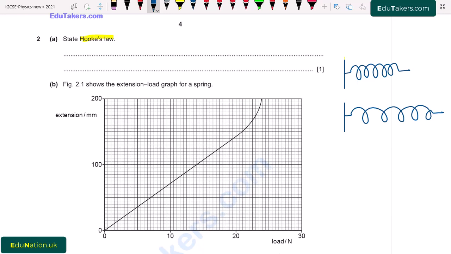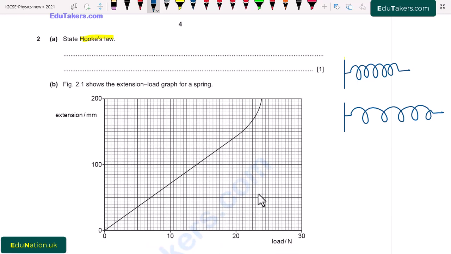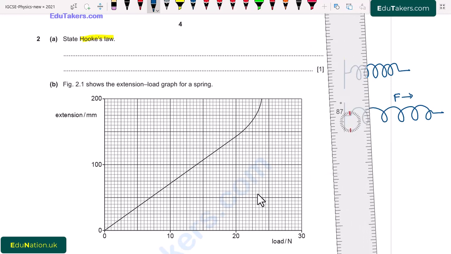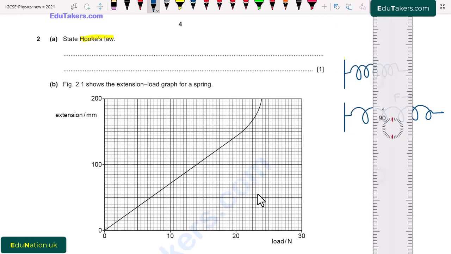This spring gets extension, so here I apply force in this direction, then the length of this spring changes. The initial length is this, while the final length changes. I draw a line here.